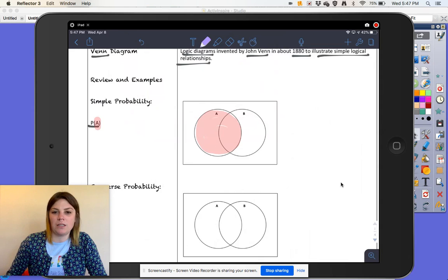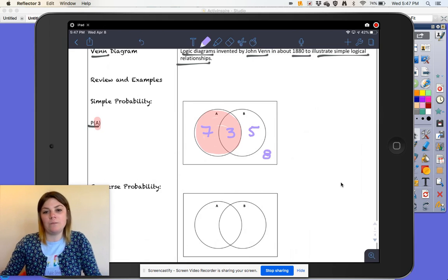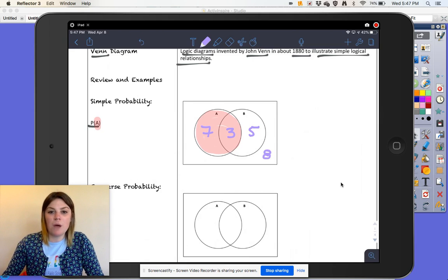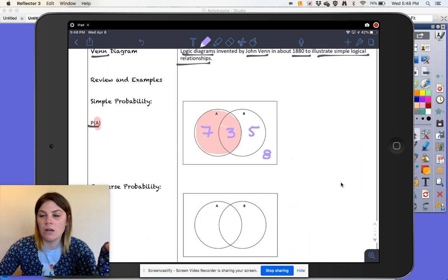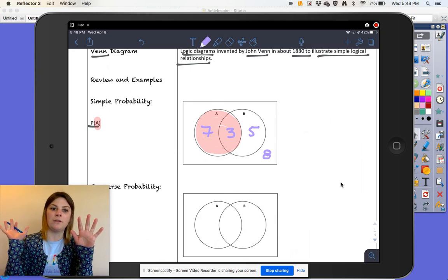Let's make it interesting. Let's do 7, 3, 5, and 8 out here, okay? So what is the probability of A? This is something that the joke Venn diagrams don't take into consideration. Like they had Sir Mix-a-Lot and George Washington.